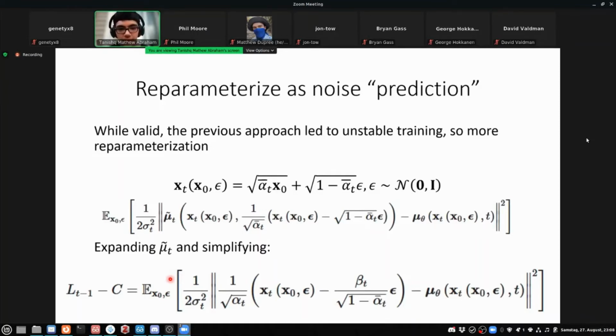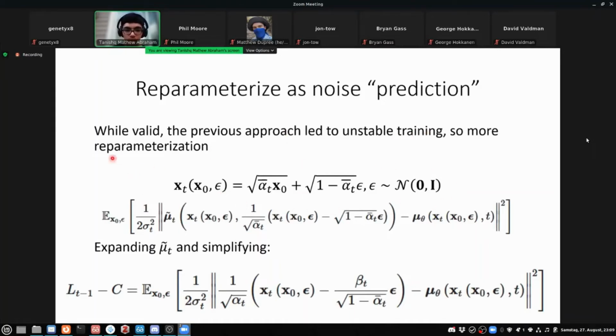So basically, we define our xt, which is a random variable, to be dependent on x0, plus a noise term, which is sampled from a standard Gaussian distribution with mean 0, variance 1. This comes from what we defined earlier about how we can sample any arbitrary time step t. It's just a different way of writing that out.